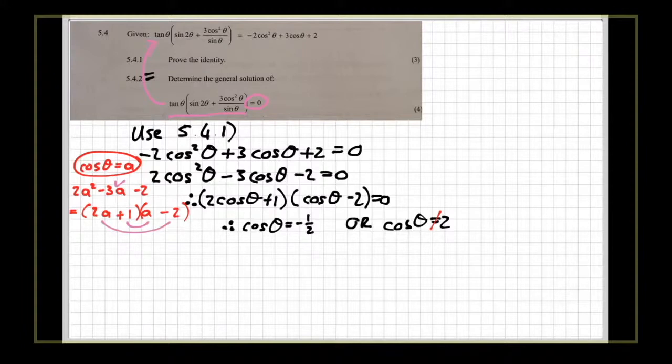Now, the reason for this is, remember, that the cos theta graph has a highest point at 1. In other words, it will never go up to 2. So therefore, cos theta cannot be equal to 2.